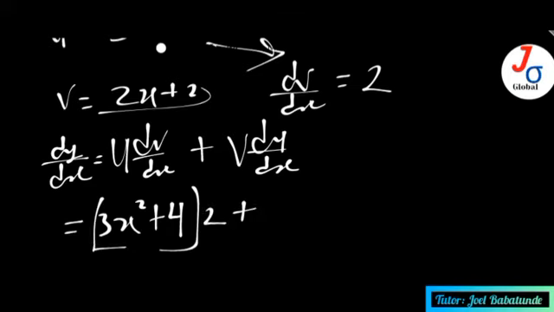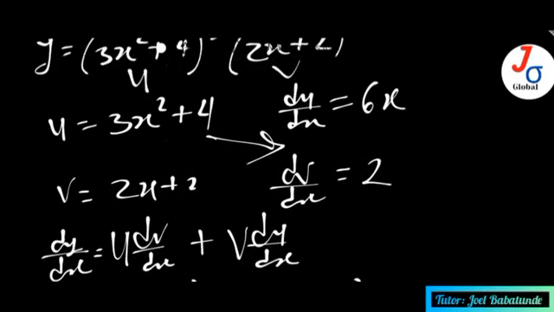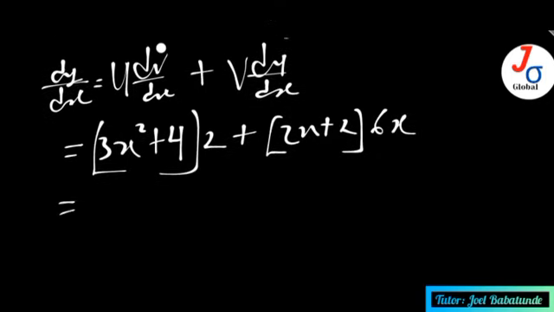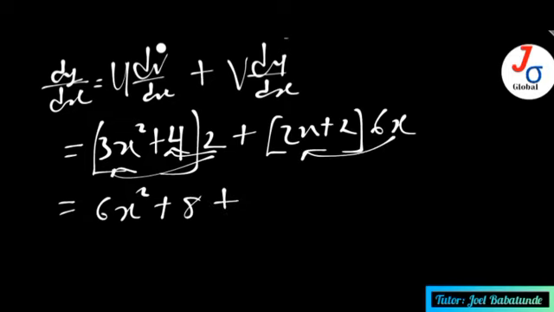What's my v? This is my v, 2x plus 2. Then what's my du/dx? This is my du/dx, 6x. So open up this bracket. What I have is 2 times 3 is 6x squared plus 4 times 2 is 8, plus 6 times 2 is 12x squared. Then 2 times this, you have 12x.